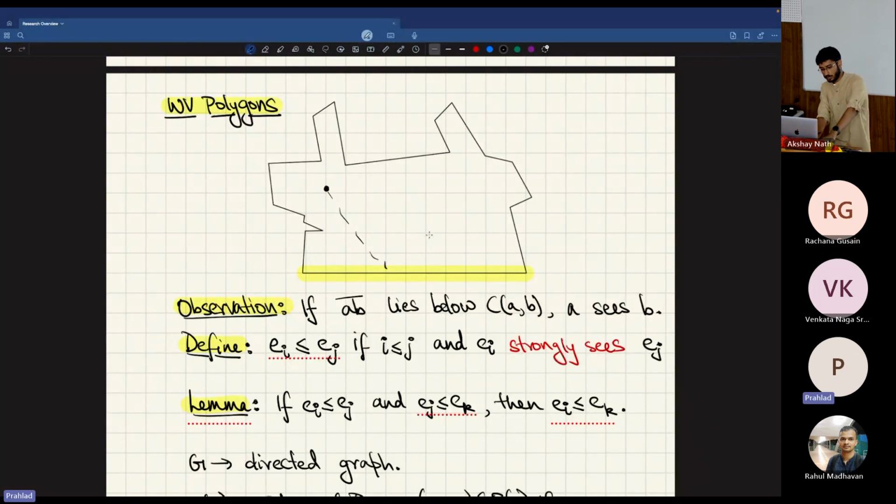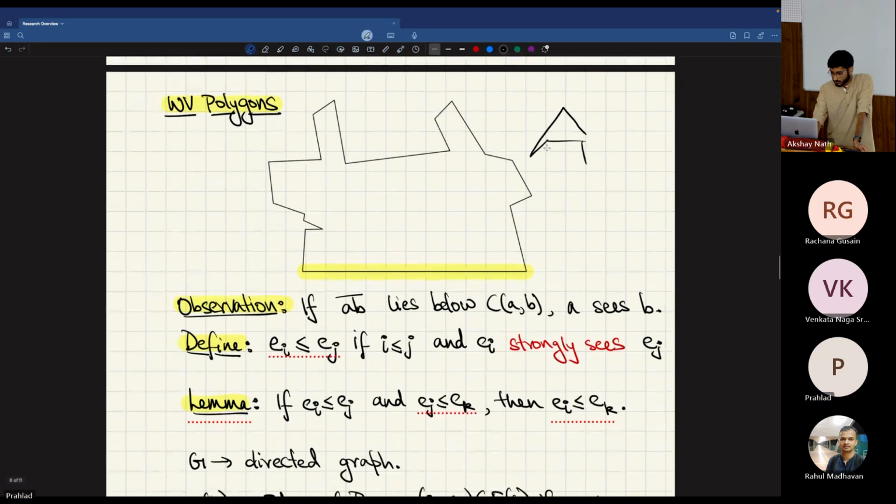Okay. So we actually impose an extra condition on this and say that we don't want something to look like this. I mean, this is still weakly visible.